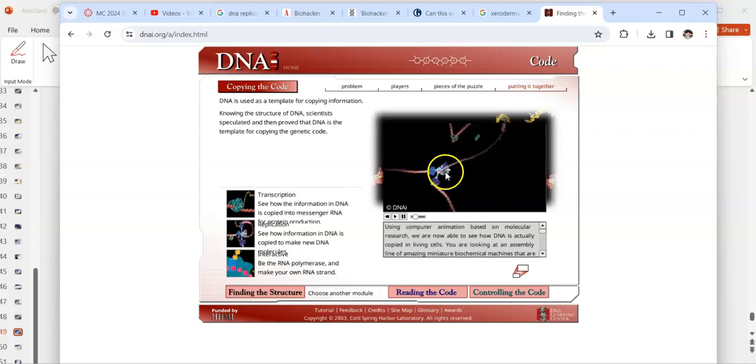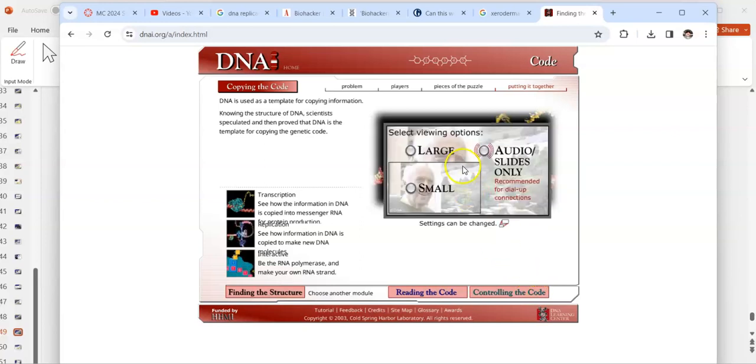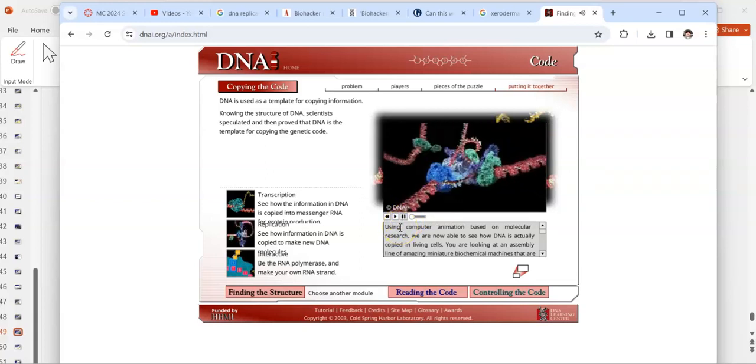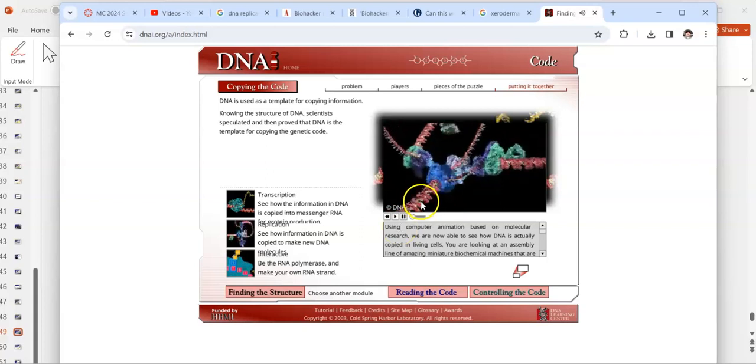This is the lagging strand polymerase, and they're all kind of linked together. I can't zoom in. Anyway, this blue thing is the helicase.